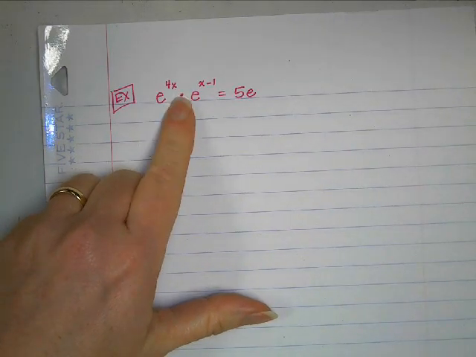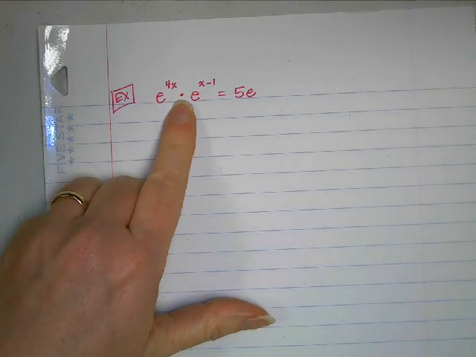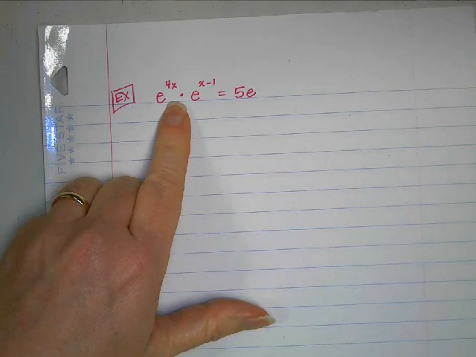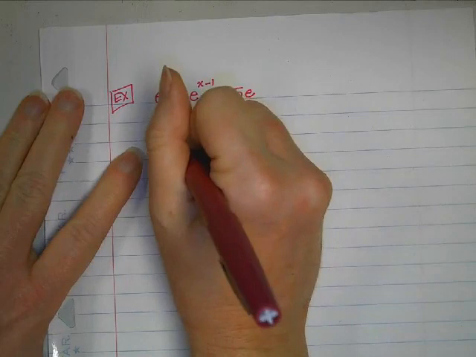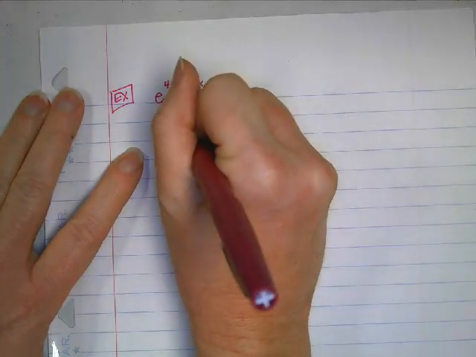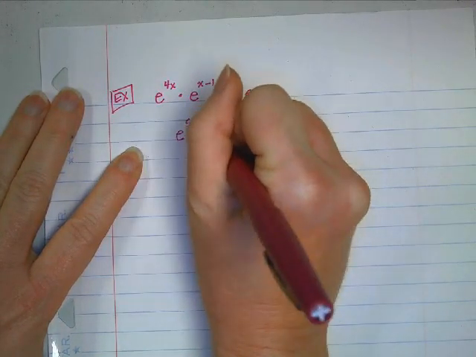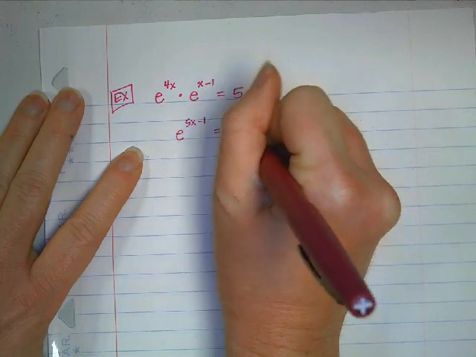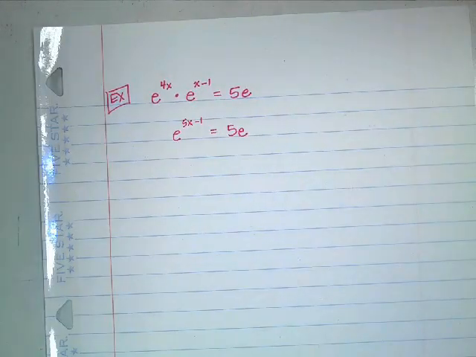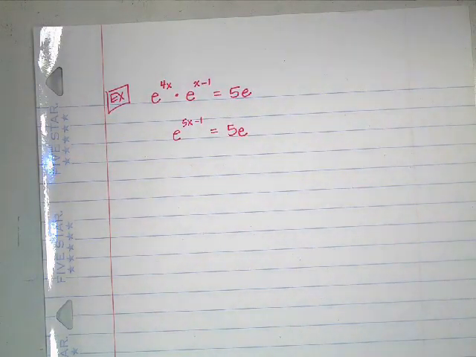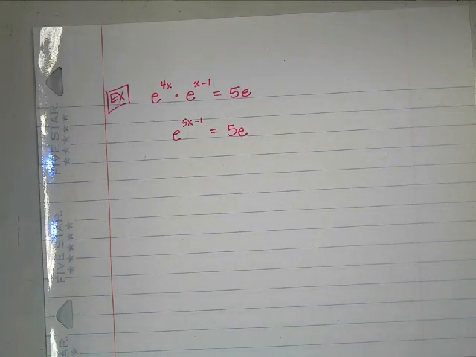Very good. Multiplication: if you have alike bases, when you multiply, you just add the exponents. So what I really have here is e to the 5x minus 1 equals 5e. Or would you just do natural log?